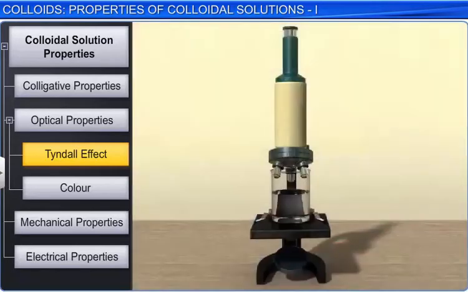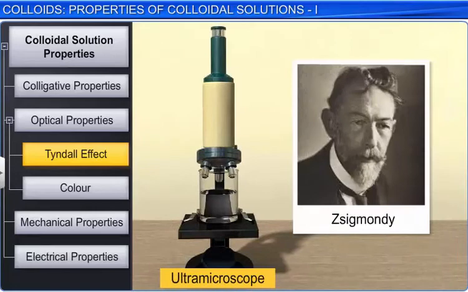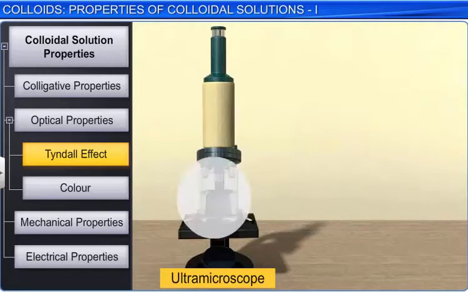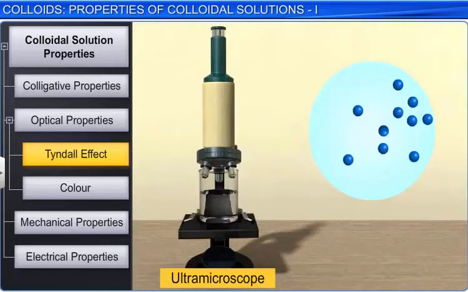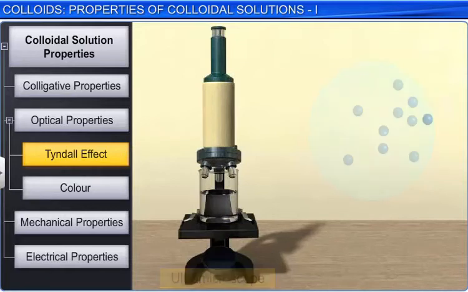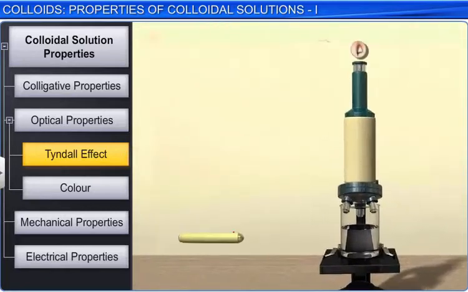The Tyndall effect was used to devise an instrument known as the ultramicroscope by Zsigmondy in the year 1903. The instrument is used to detect particles of colloidal dimensions. In an ultramicroscope, an intense beam of light is focused on a colloidal solution in a glass vessel.